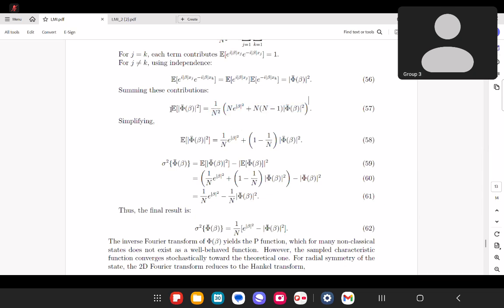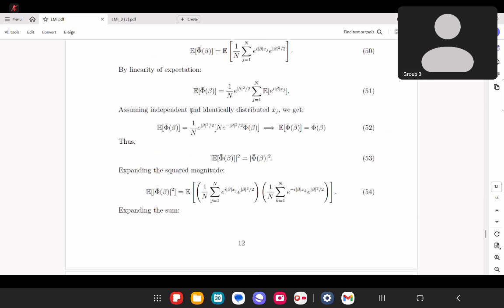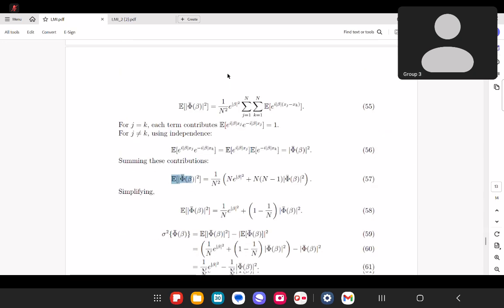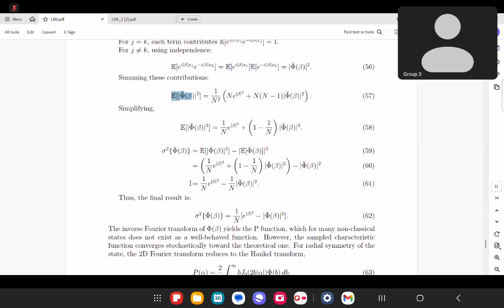Finally, we combine both of these into what we started with, which was here. We substitute this, and we get the result that the error in the characteristic function is this quantity shown here.